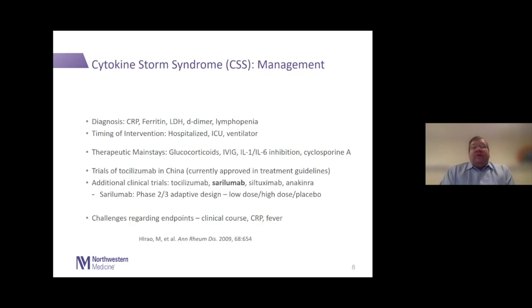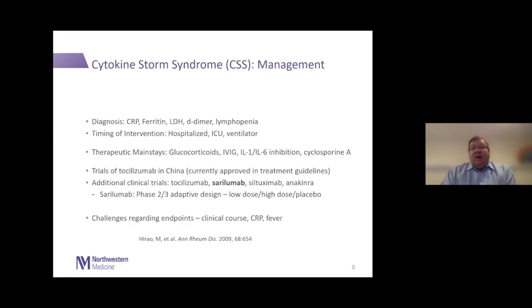Management of this, particularly in the COVID-19 setting, can be complicated. The first issue is trying to recognize which patients develop this syndrome. These are the patients that get profoundly ill. These are the patients with multi-organ system failure, the patients who wind up in the ICU and often on ventilator support with ARDS.